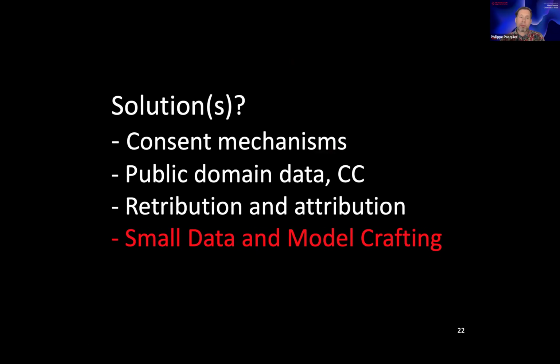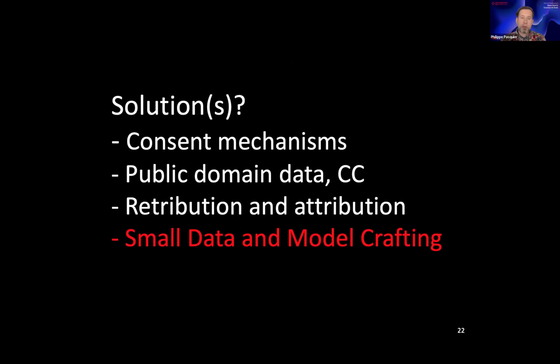There are a lot of consent mechanisms that are possible. Some companies do well by retributing the artists and the creators, often not enough, but there is possibility there. And then there's a lot of public domain data, Creative Commons. We talked about it yesterday when we talked about the various types of license with MIDI GPT.